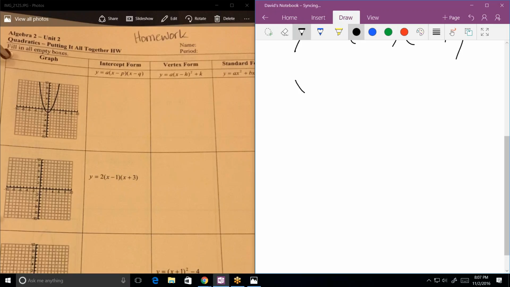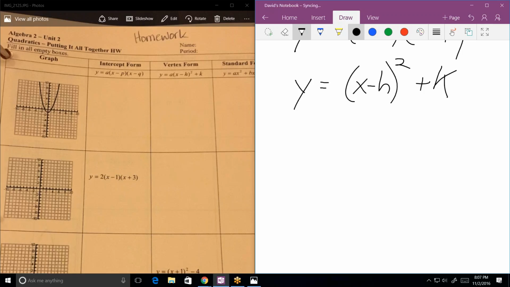So a is 1, then this is going to be our answer. What is h and k? Read it from the vertex. H and K would be the x and y coordinates. What's the x and y coordinate of the vertex?